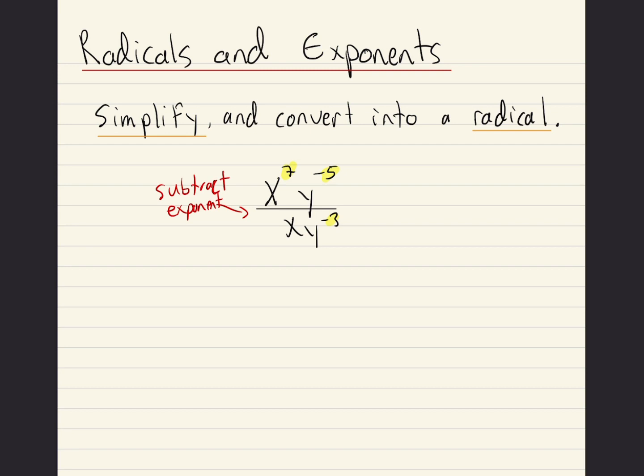So we're going to go x. Now you can only subtract like terms, right? So the x over here is going to be subtracted by the x. This has an invisible 1 over the top. So x to the 7 divided by x to the 1 is the same thing as going x to the 7 minus 1. So that part here is going to convert into x to the 6.